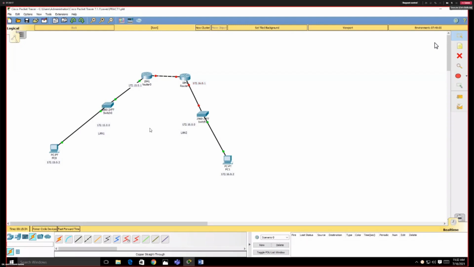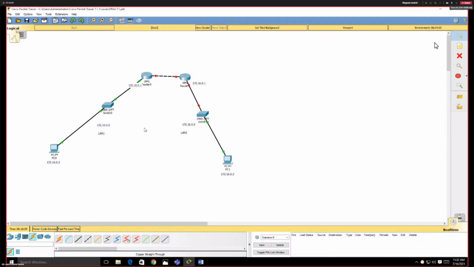Previously we were having only one router, now we have two routers. So in the modified topology, how many more IP addresses are required if I want to configure this topology? How can we establish the connection?